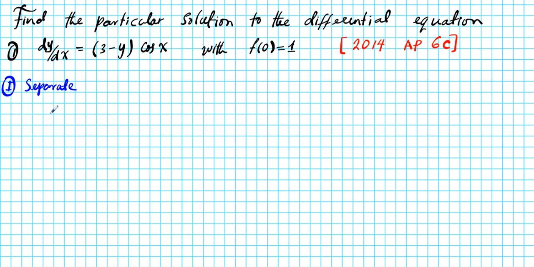Now, what we're going to do is place the function of y and its differential dy on the left, and the function of x and its differential dx on the right.